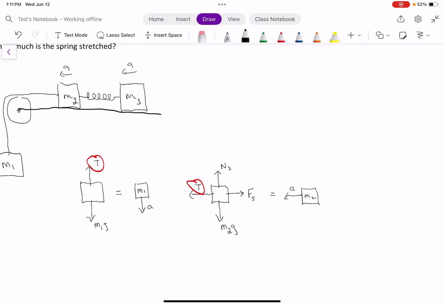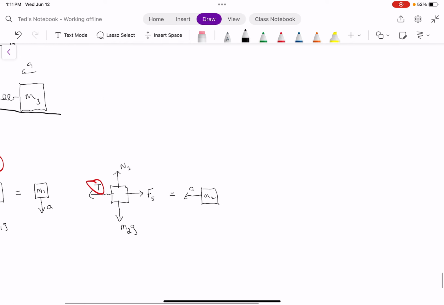Okay, let's look at block 3. So for block 3, we have a normal force from the table. The table's pushing up on it with a contact force, which we call the normal force. Gravity is pulling down on that. We're going to label that M3G because it's the force of gravity pulling down on M3.